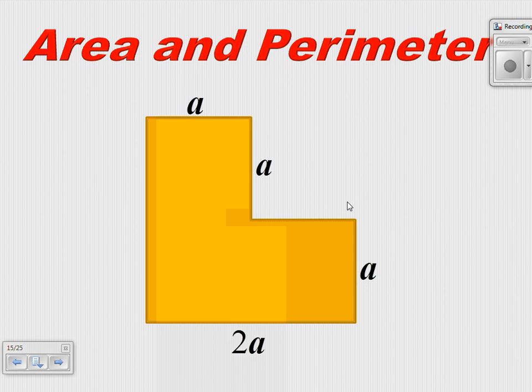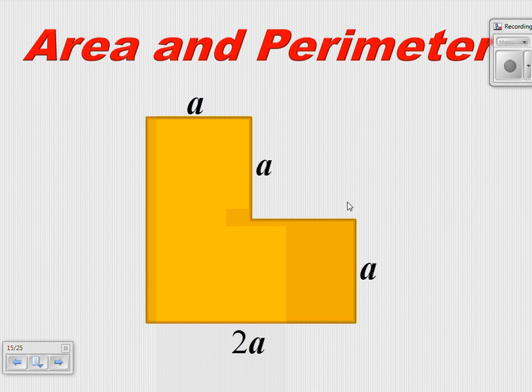A and A are some of the sides for this shape. What is troublesome for a lot of individuals to figure out in this shape is finding any missing sides. And when you see a shape like this, you should always try to find missing sides. So if you guys see the shape, what would be the length of the left-hand measurement?